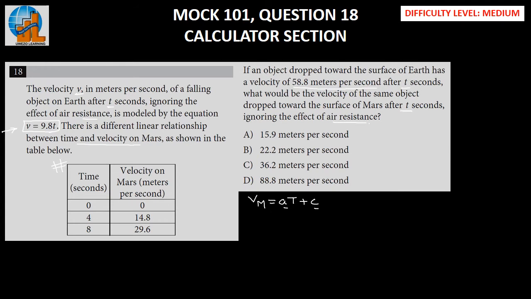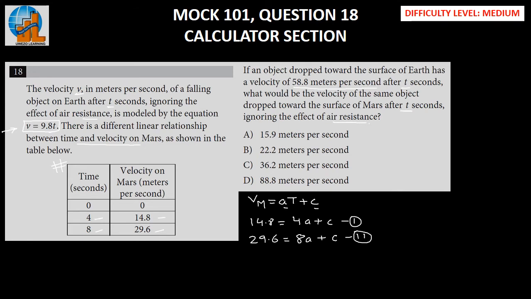At time t = 4, the velocity is 14.8, so 14.8 = 4a + c. This will be our equation number 1. And at time 8 the velocity is 29.6, so 29.6 = 8a + c. This will be our equation number 2.